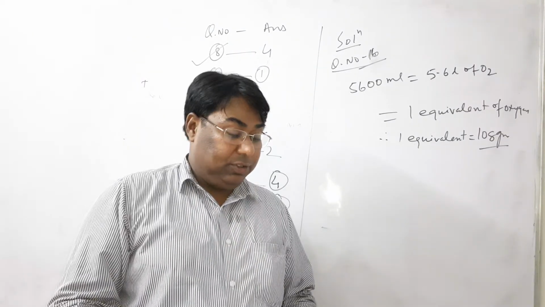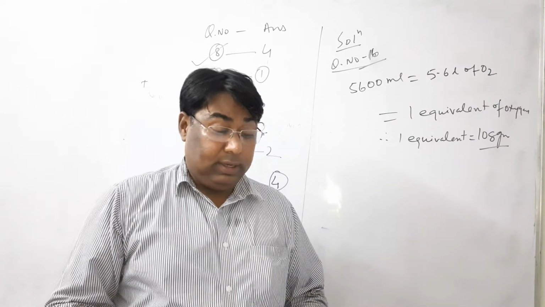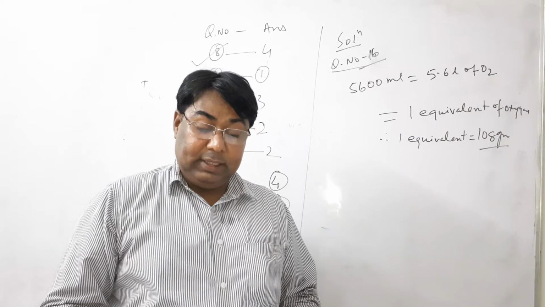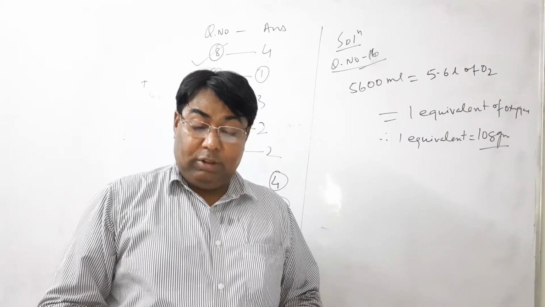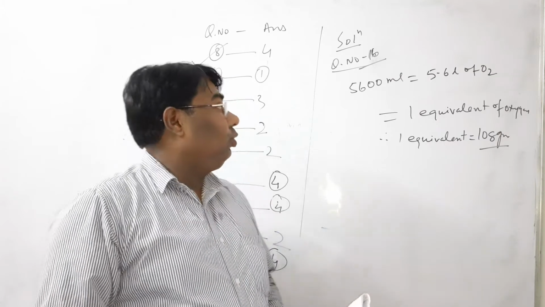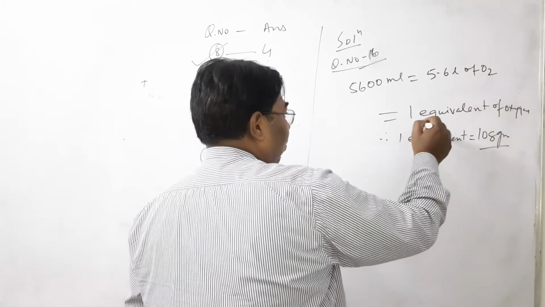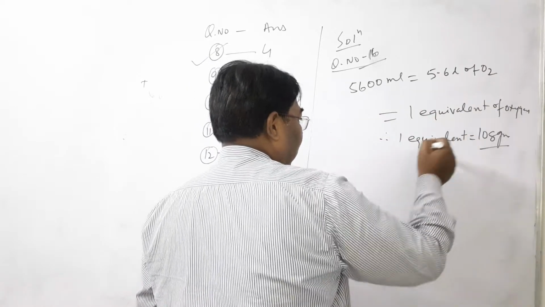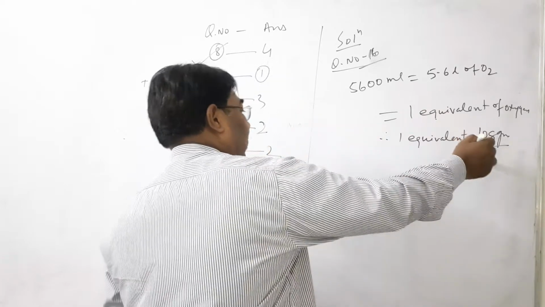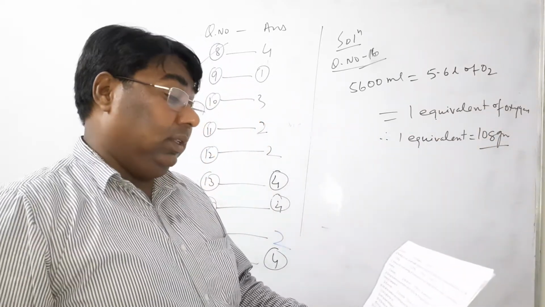Now question number 16: the weight of silver, atomic weight 108, displaced by the quantity of electricity which displaces 5600 ml of O2 at STP will be. 5600 ml of O2 is equal to 5.6 liter of O2, which is equal to 1 equivalent of oxygen, and 1 equivalent of oxygen is equal to 1 equivalent of silver, and 1 equivalent of silver is equal to 108 gram.